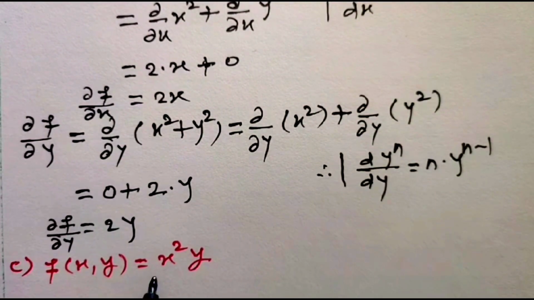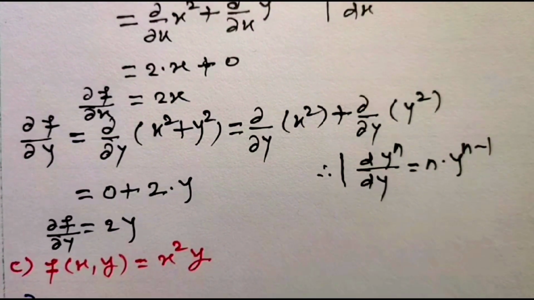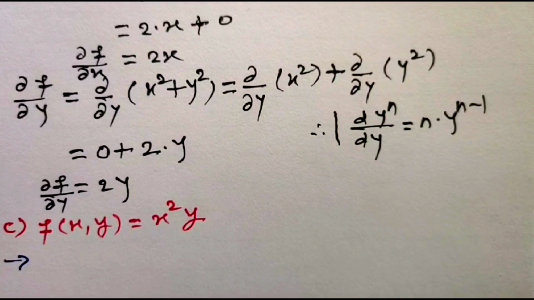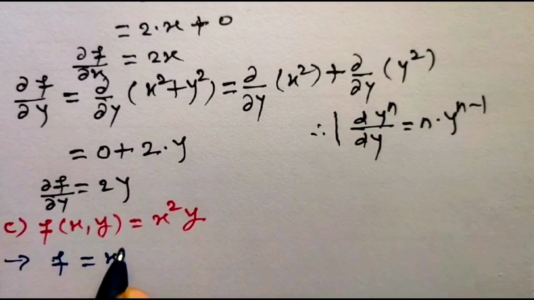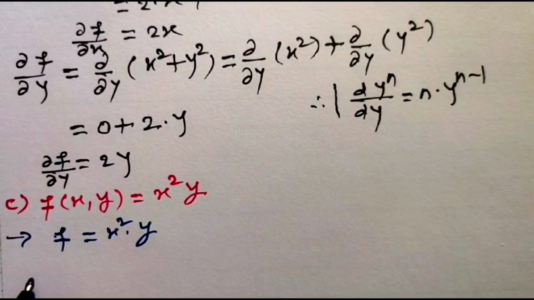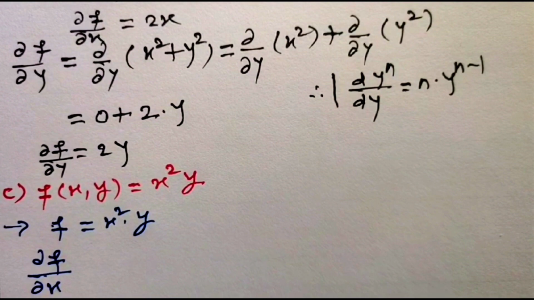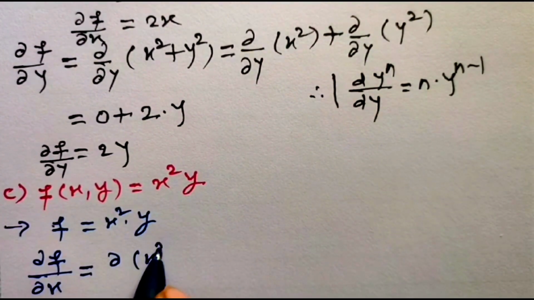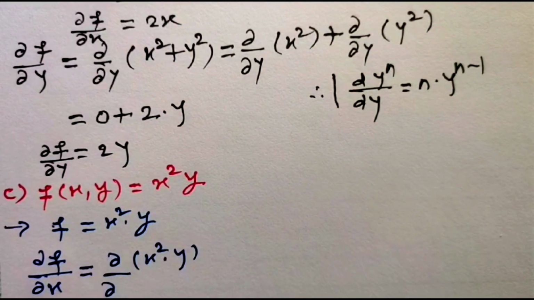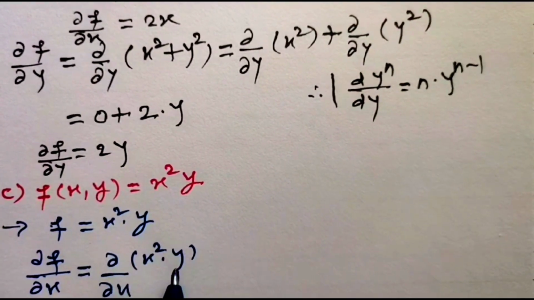Function f of x comma y is x square into y. Okay. Then we have to find out partial derivative of f with respect to x and partial derivative of f with respect to y. So first of all, consider f is equal to x square into y. Then partial derivative of f with respect to x, we are differentiating f with respect to x, is equal to partial derivative of x square into y with respect to x. But here we are differentiating with respect to x, considering y as constant.